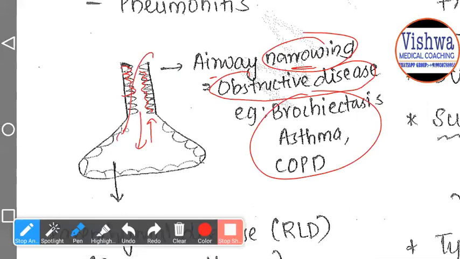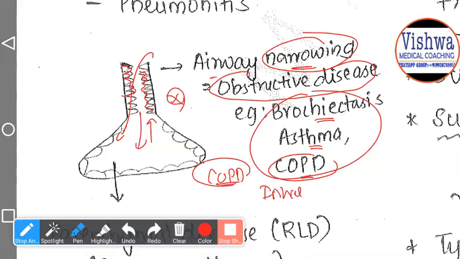But going in has got no problem. What is the basis behind this? COPD has types like bronchiectasis, asthma and COPD. In this, inhalation has got no problem, but exhalation has a problem. So what is the reason that exhalation has a problem and inhalation does not?